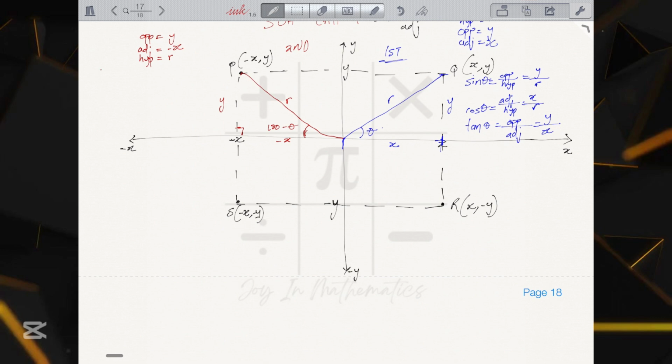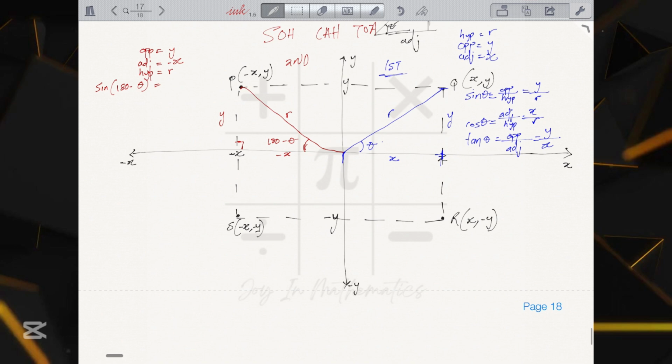So let's begin with sine 180 minus theta. Sine 180 minus theta here means we are dealing with sine, which is opposite over hypotenuse. The opposite is y. The hypotenuse is r.